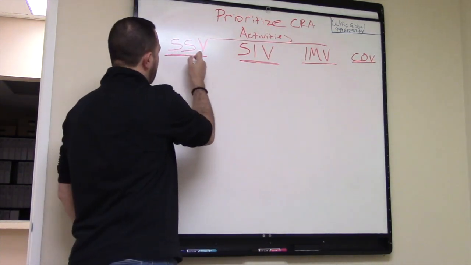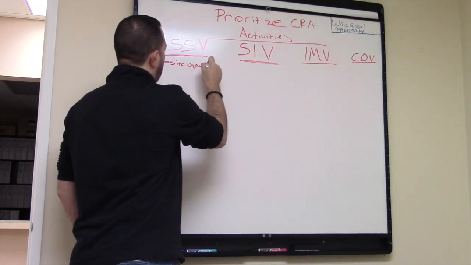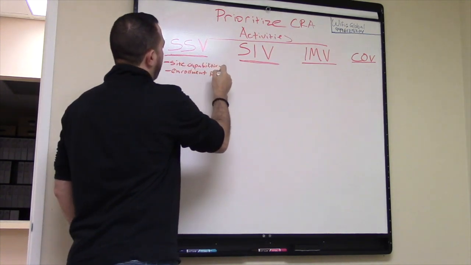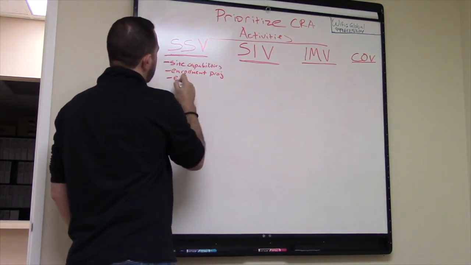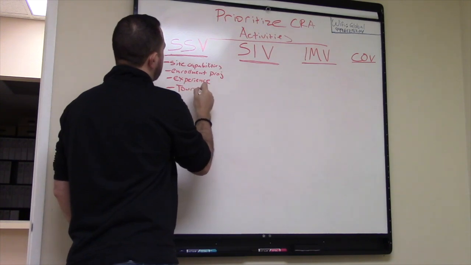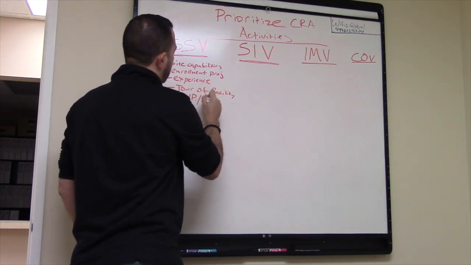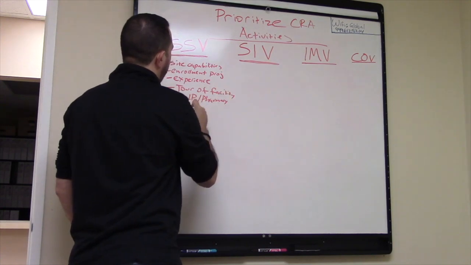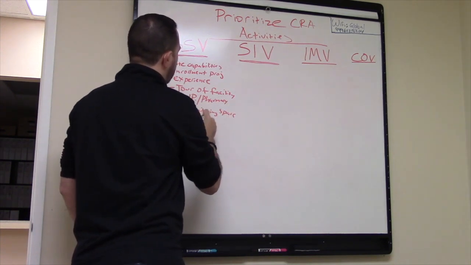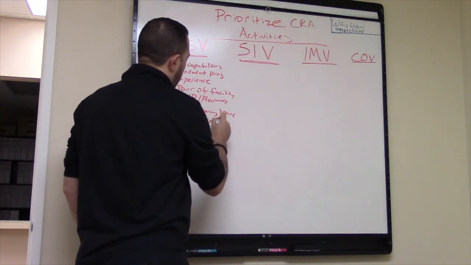The site selection visit emphasizes site capabilities, enrollment projections, experience of the staff, and a tour of the facilities, including the IP room or pharmacy, the monitoring space, and the lab space, along with certificate calibrations for the lab.